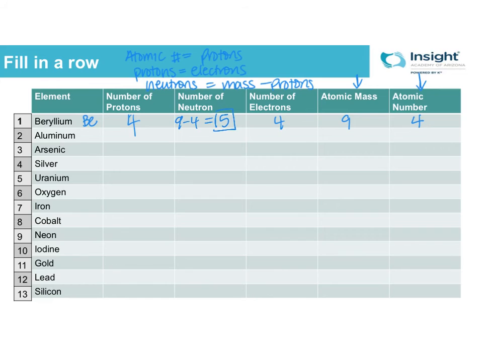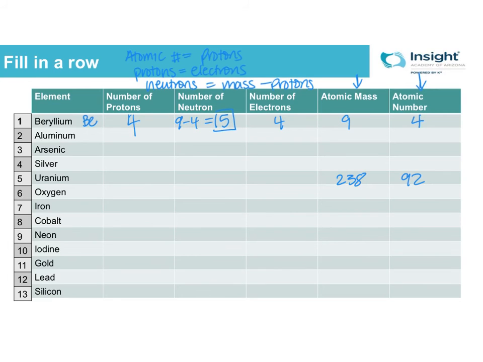You try some other ones. I'm going to ask you about uranium, and I'll do a few more after that if you think you need some more examples. Uranium has an atomic number of 92 and an atomic mass of 238.